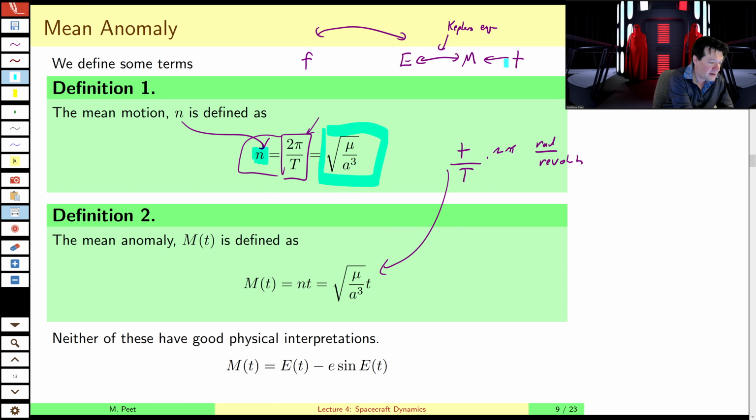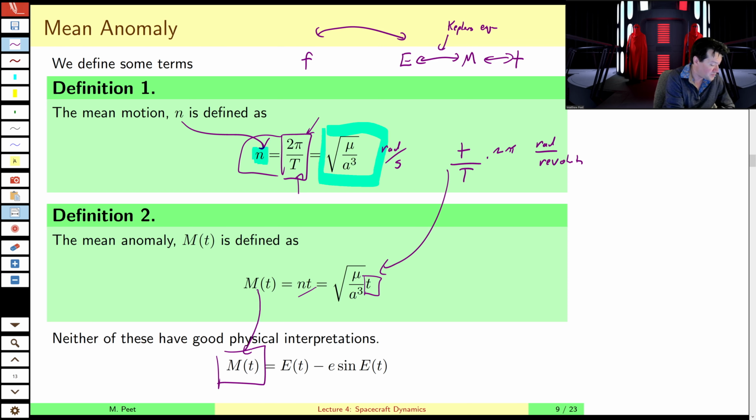Anyway, mean anomaly is defined by the mean motion times the time. The units on this mean motion are, of course, radians per second, and this is the period in seconds. This gives us a way of converting between time in seconds and a pseudo variable in radians, which is basically just the left-hand side of Kepler's equation.